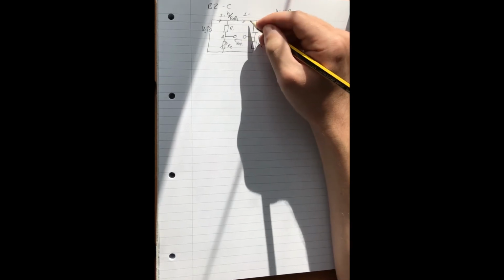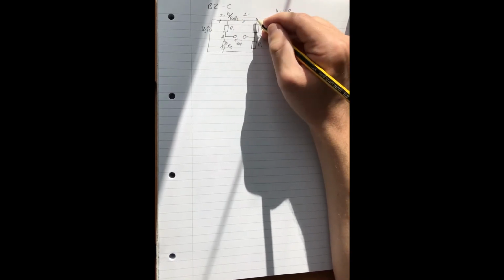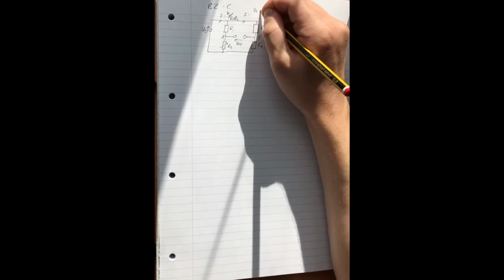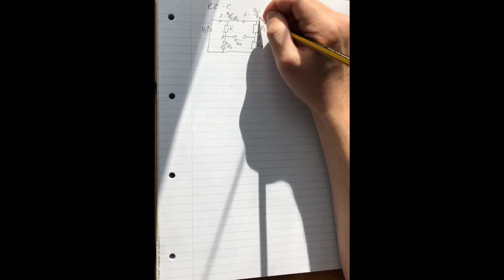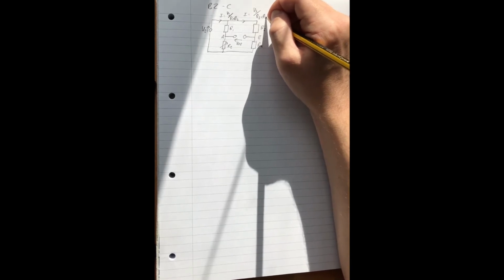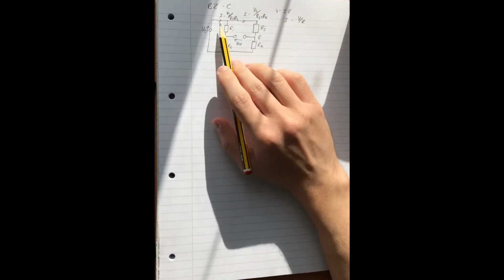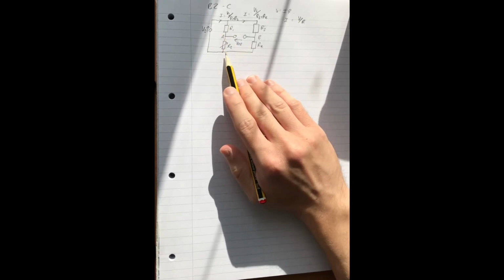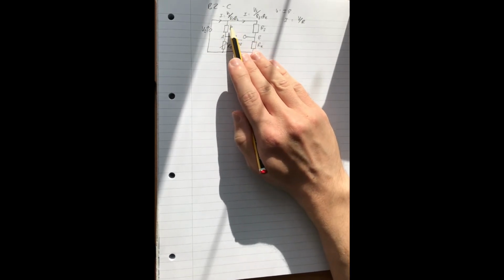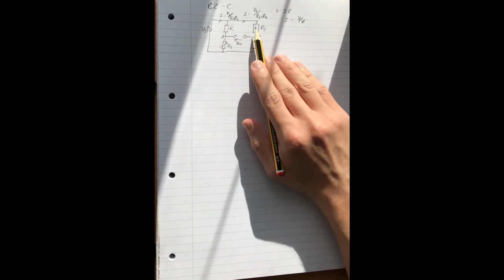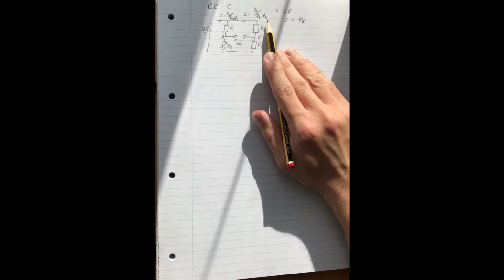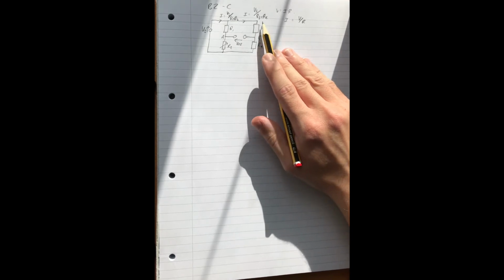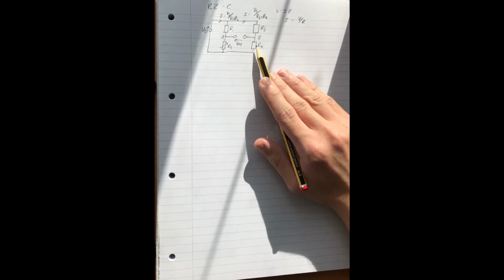And the current over here is going to be the same voltage supply, Vs, over R3 plus Rx. So the current on this arm is Vs on R1 plus R2, and the current over here is Vs on R3 plus Rx, again just because they are resistors in series.